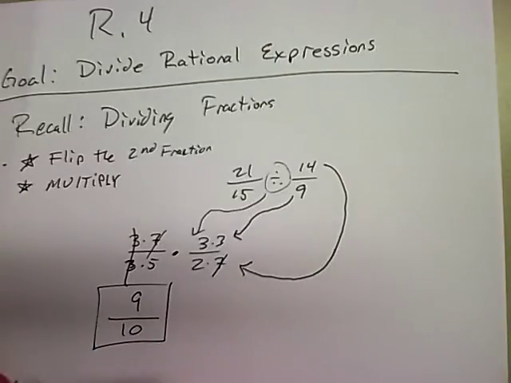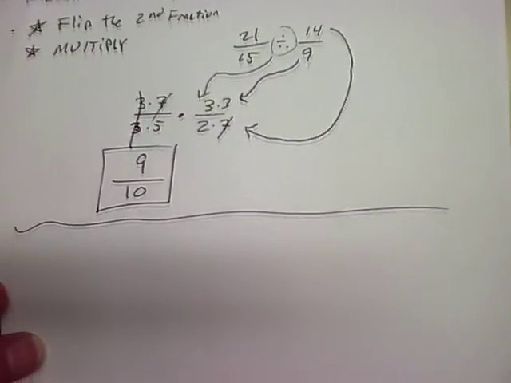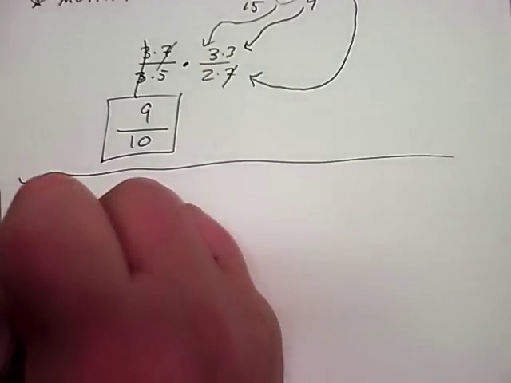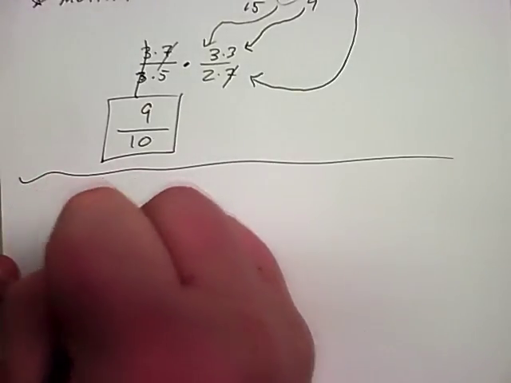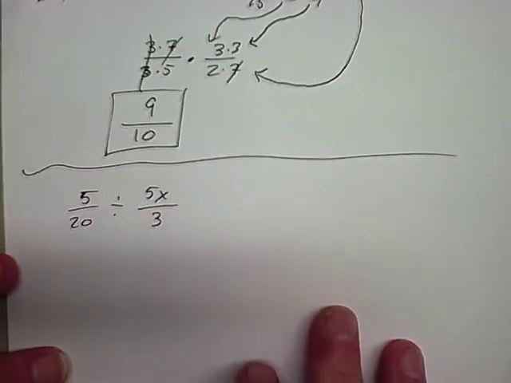So let's take a look at what happens whenever I'm trying to deal with this in rational expressions. There's going to be some variables involved. So let's take a look. I have 5 over 20 divided by 5x over 3.